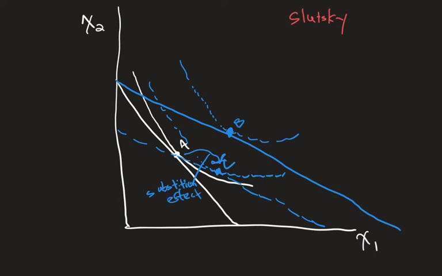And then the movement from C to B is the effect of feeling richer. It's your income effect. So you see that the intuition is the same between the Hicks and the Slutsky decompositions. You're going to identify substitution effects by keeping real income fixed in Slutsky, or utility fixed in Hicks. That gets you the substitution effect, and then the rest of the change is your income effect.